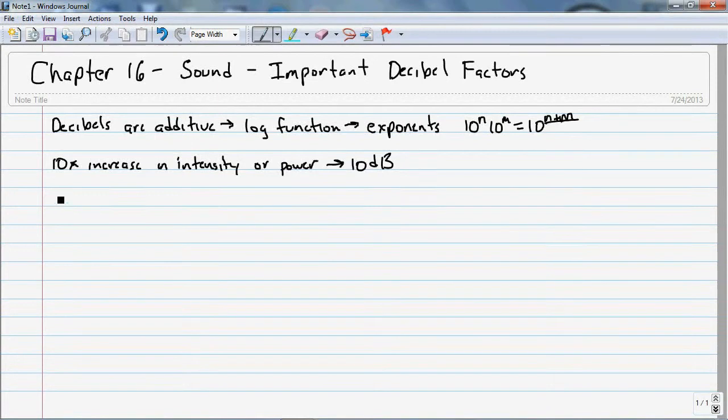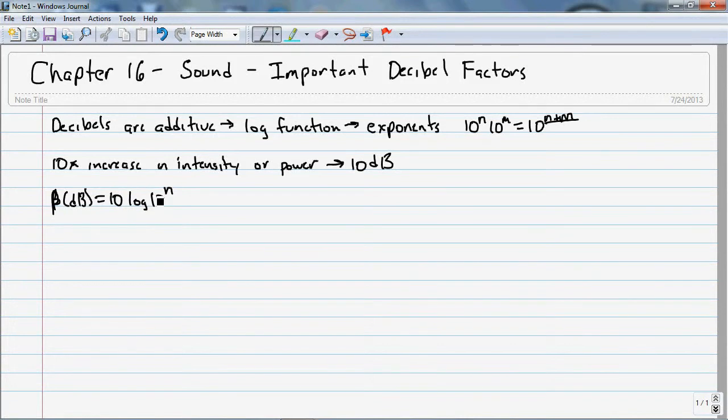And we can find that by our formula, beta in decibels is equal to 10 times the log of 10 to some power n. For every increase in power of 10, we just have n here as a general.